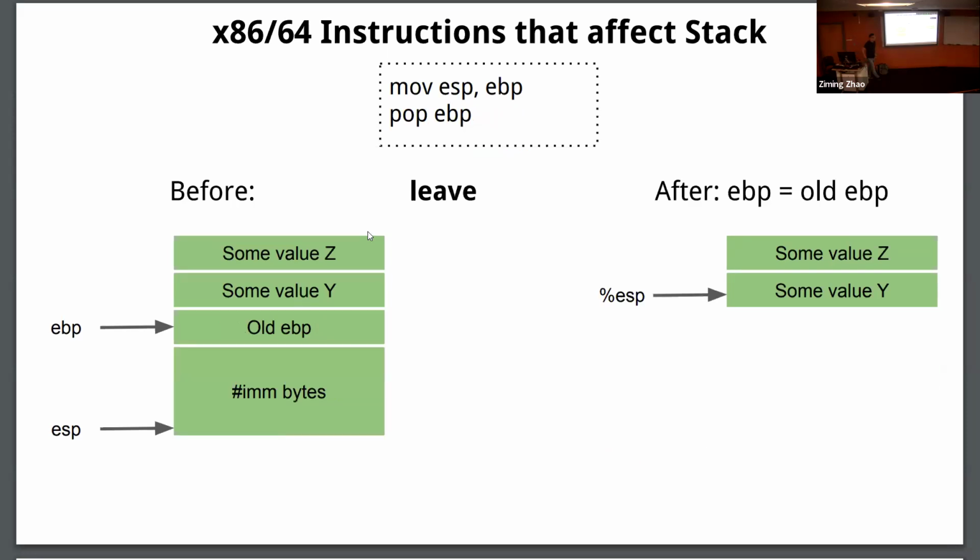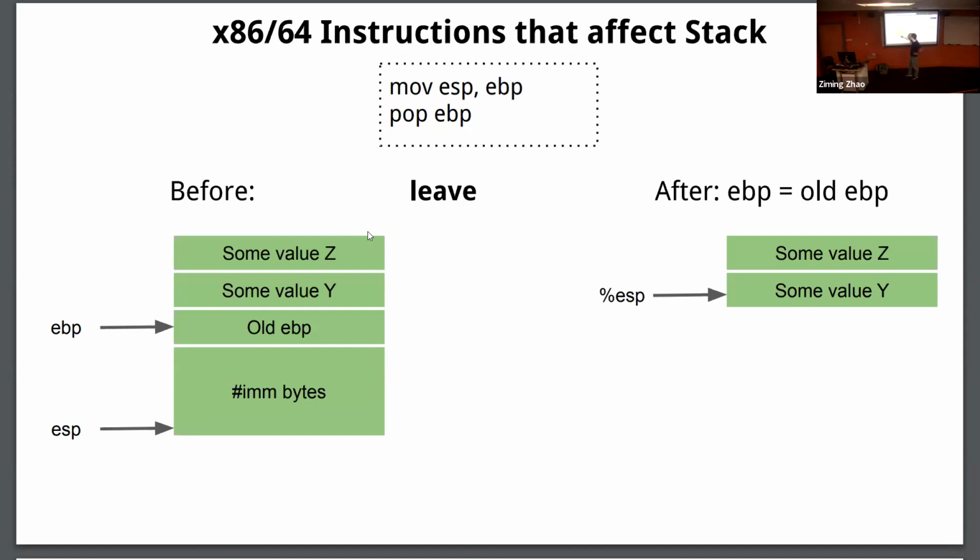So leave is the reverse operation of the function prologue. It only has two instructions: move EBP to ESP, then pop EBP. Let's say this is the end of the function. We're going to leave. After leave, we're going to do return, right? So here ESP is here. EBP points to here. Now the local variables, we don't need them anymore, okay?